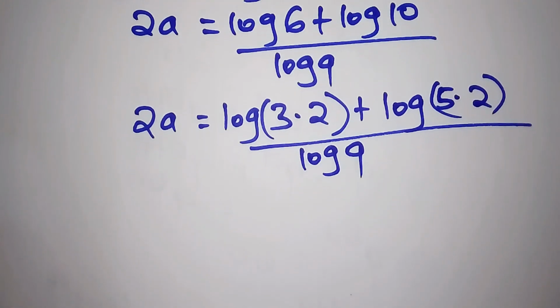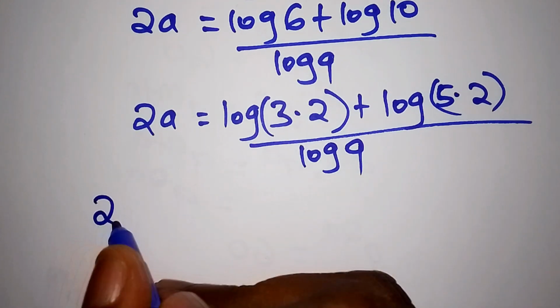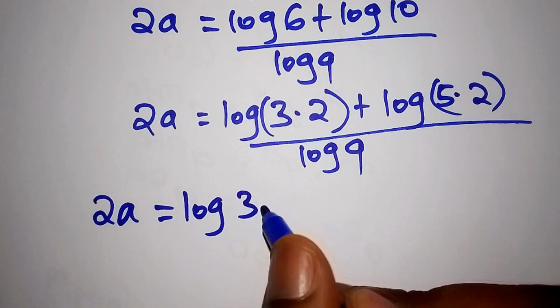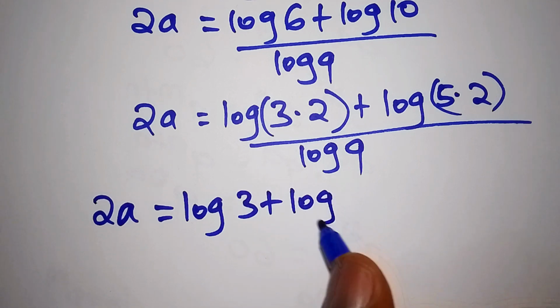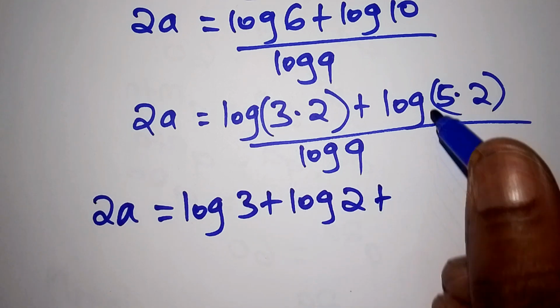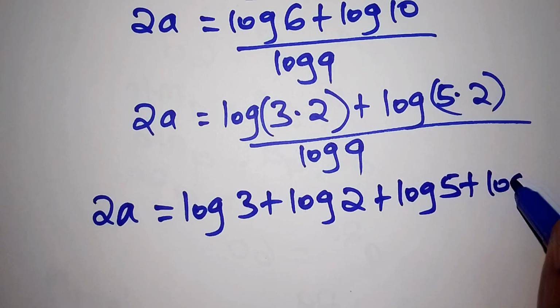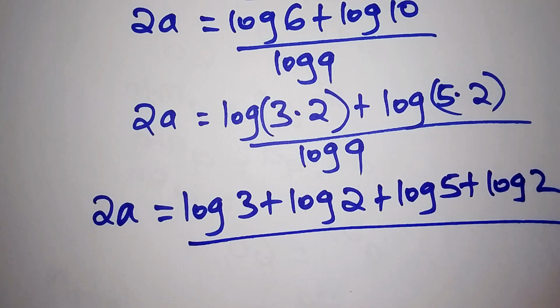When you open it up, we have 2a is equal to the log of 3, plus the log of 2, plus the log of 5, plus the log of 2, all over the log of 9.